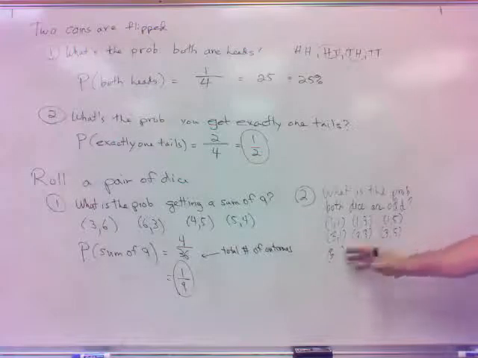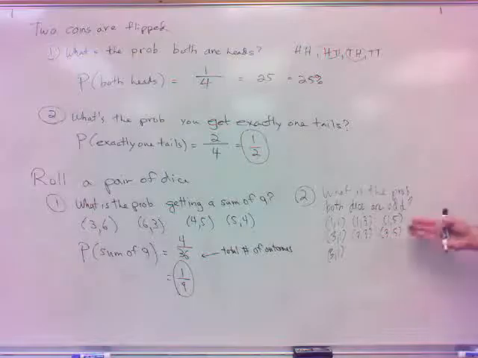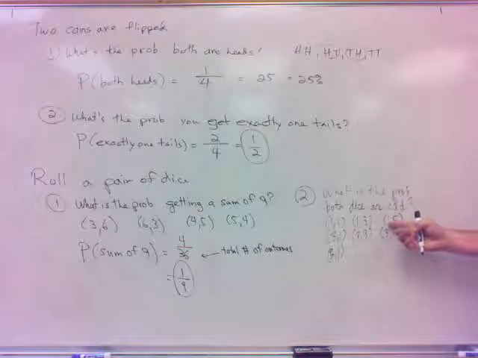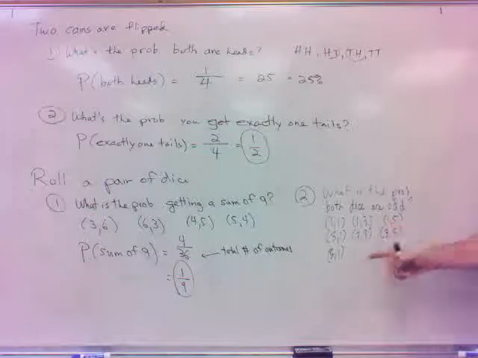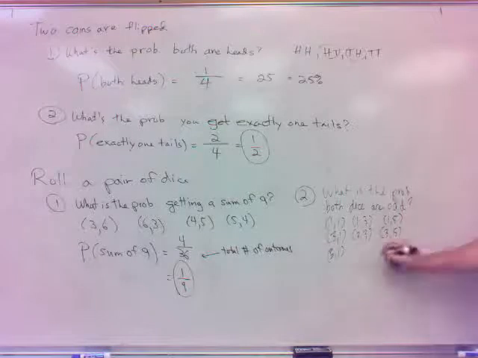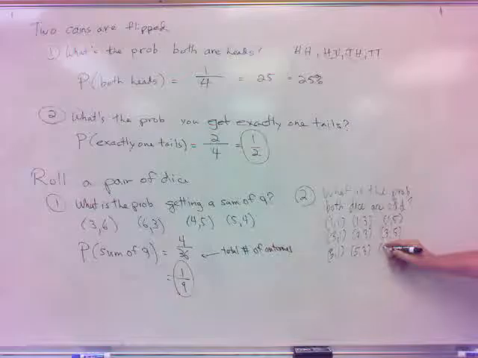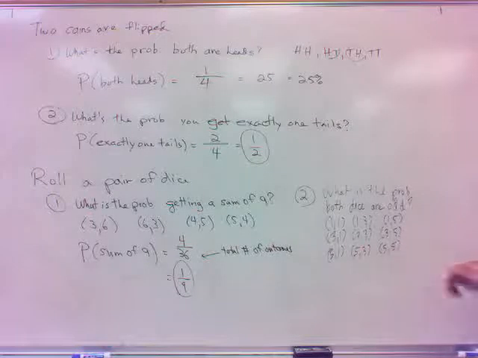Because again, 1, 5 and 5, 1 are different. The first one is 1 here and the second one's 5. Here the first one's 5 and the second one's 1. So the order changes it. All right, so that'd be 5, 3 and 5, 5. Think of any others? I believe that'd be it.